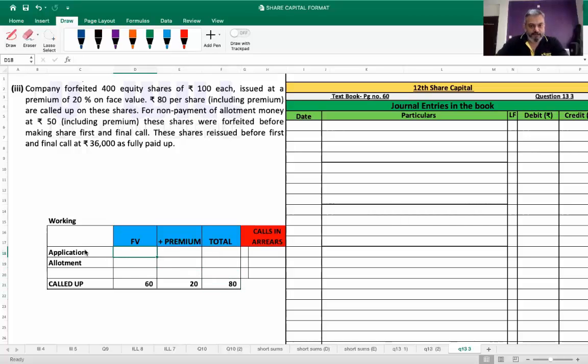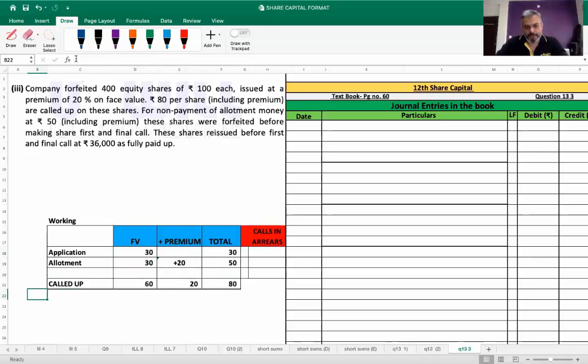Now application we will see later. Allotment money is 50 rupees, so 30 is face value and 20 is premium. So 30 is the application amount and 20 is the premium. So 30, 30, 60 and 20, 80.